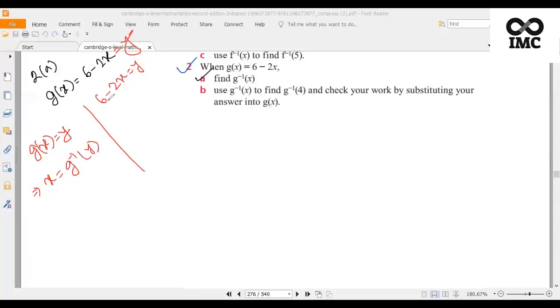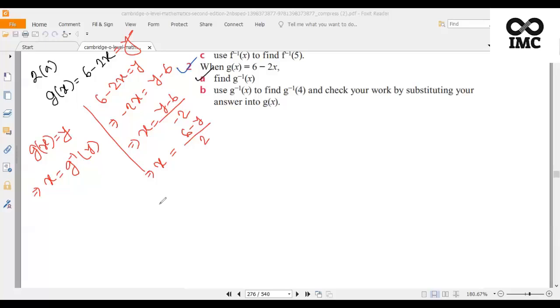And if 6 minus 2x equal to y, then we can write minus 2x equal to y minus 6, or x can be written as y minus 6 by minus 2, which can be written as 6 minus y by 2. Okay. So x equal to 6 minus y by 2.